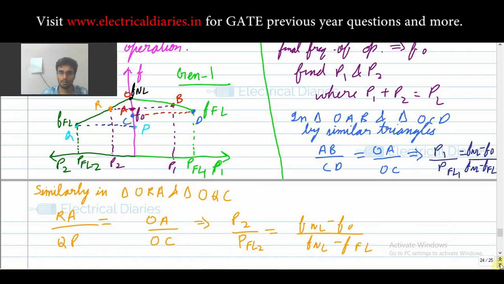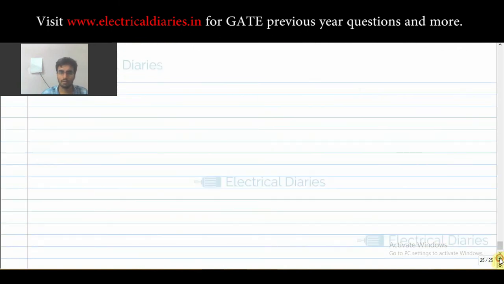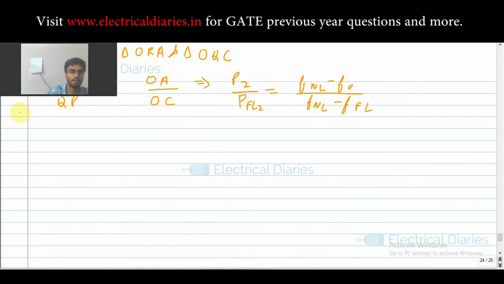One thing you can also remember is the droop. By the droop characteristics you can always find P1 and P2, that is the load shared.